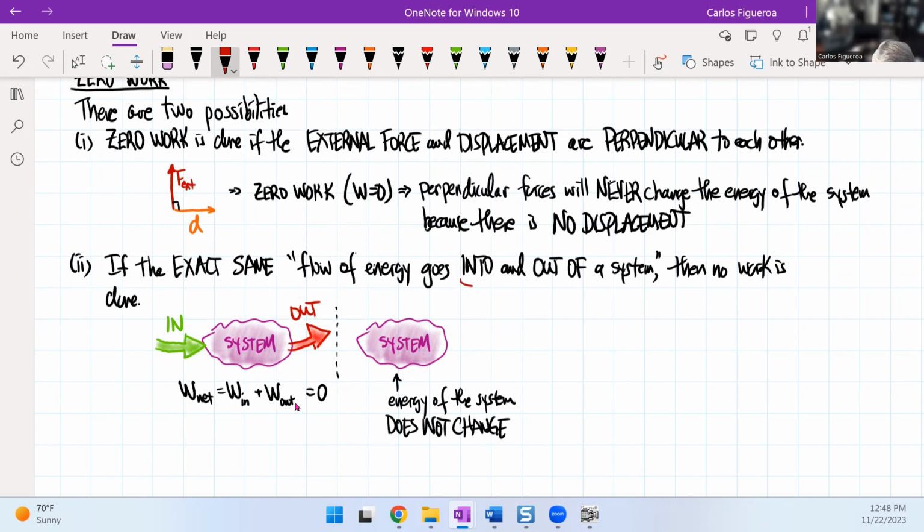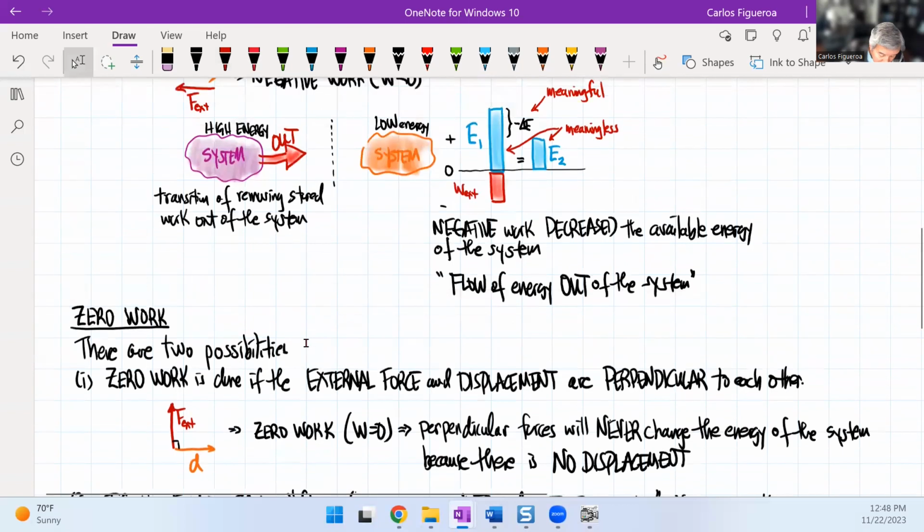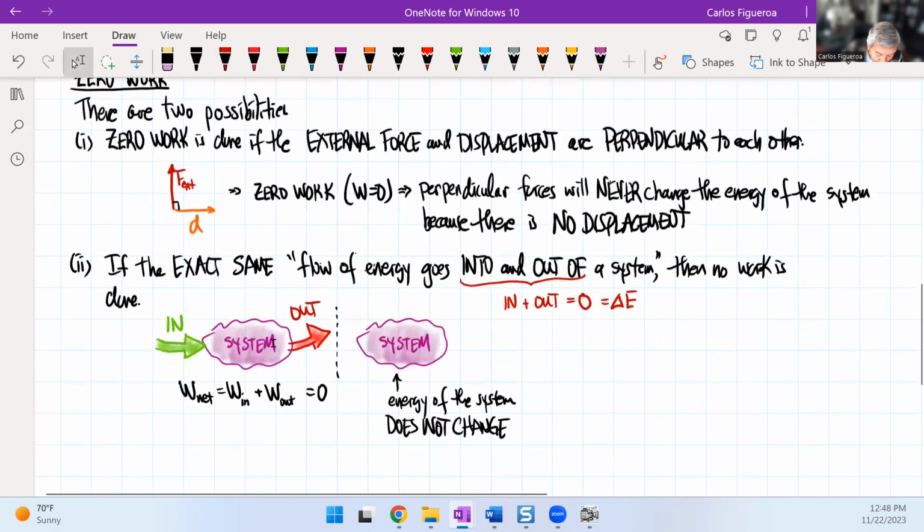The amount coming in plus the amount going out equals zero, and because of that, the change in the energy of the system is zero. That means there's no energy change. In the other cases, I went from violet to orange to show you that the system changed in some way. Here, I'm going from violet to violet, showing you that the system is exactly the same.